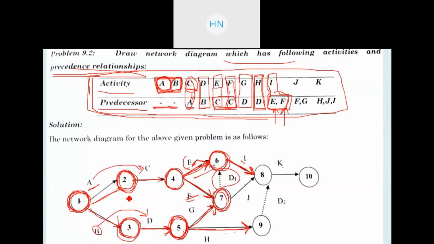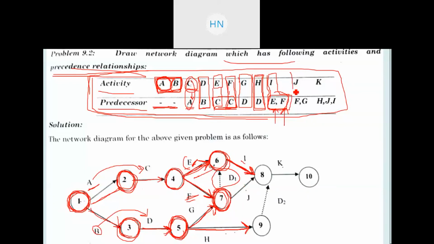So we are adding one dummy activity as D1, and for that we are adding one event, that is event number 7, right? And from that we get that dotted arrow, and we are fulfilling the condition about this data, right?